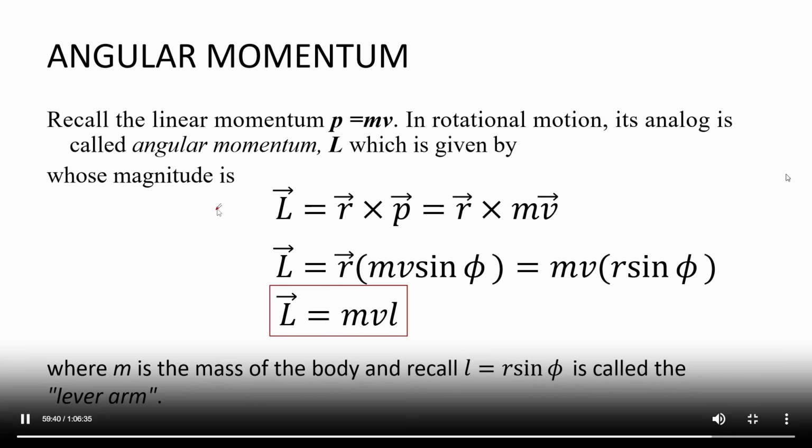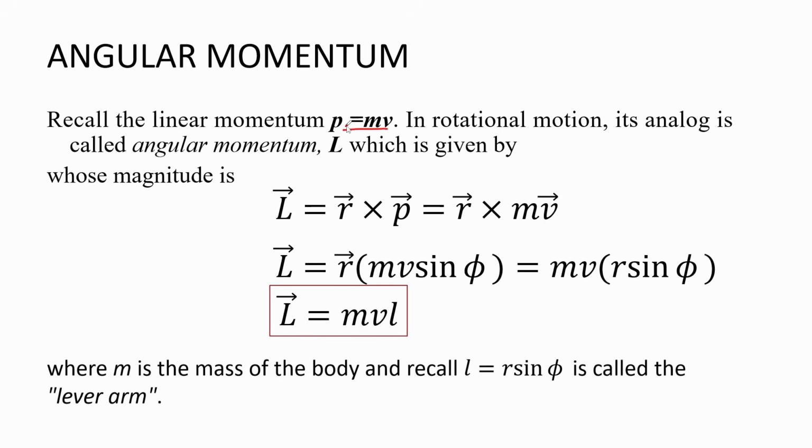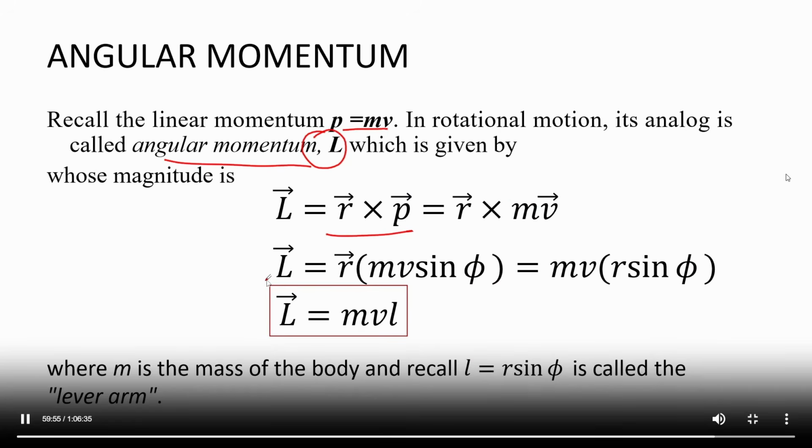Okay, let's look at the angular momentum. Recall the linear momentum, mass times velocity. In rotational motion, its analog is the angular momentum L, which is R cross P, where P is the momentum. So P we know as mv, so L is R cross mv. It is a cross product.